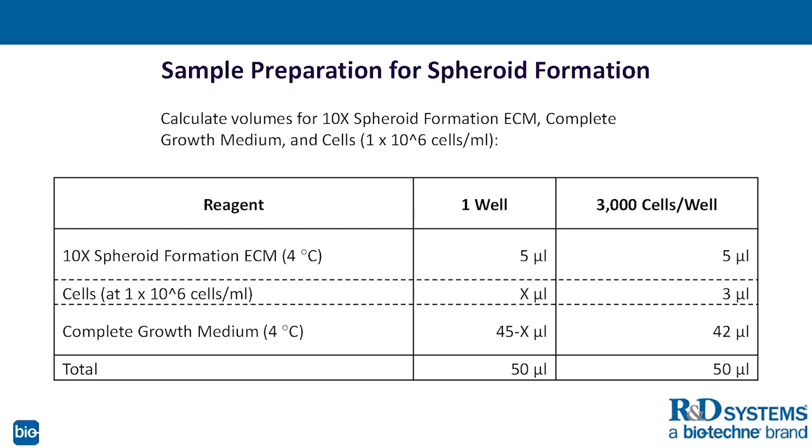If we go over to the next column, where we have 3,000 cells per well, it would be 3 microliters of X. This is a good starting point. We've used this for several different cell lines, and generally we're within that 400 to 600 micron diameter range. And then the remaining 42 microliters would be the complete growth media to make up the 50 microliter volume.